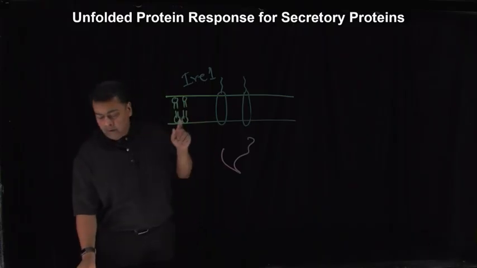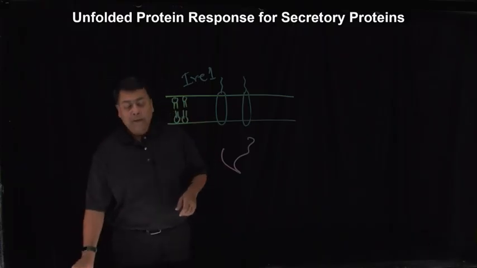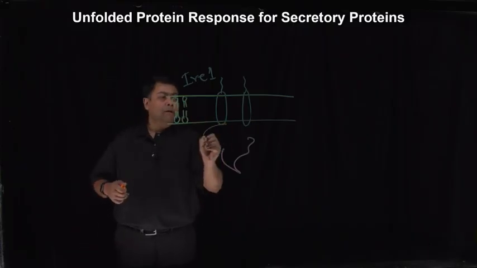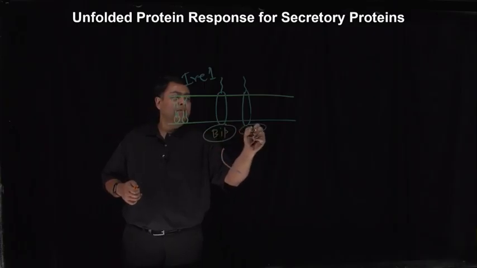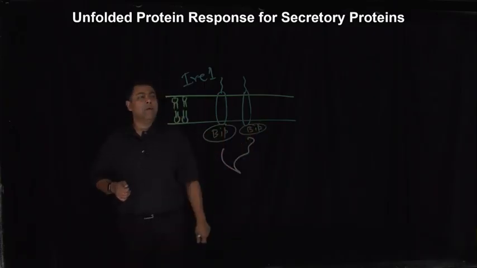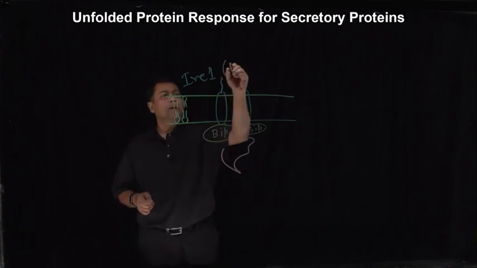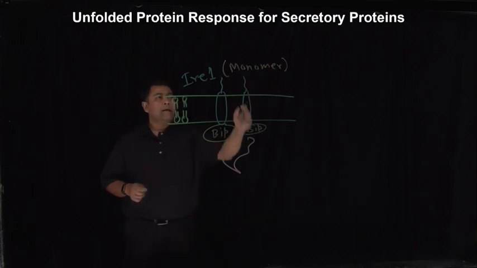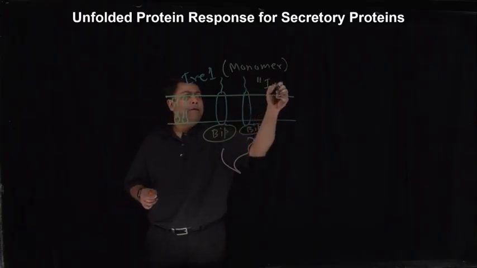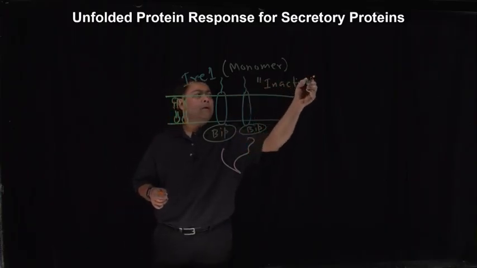And why are they in the monomeric form? Because there is a protein called BiP, binding protein. It is associated with these IRE1 monomers. So this is IRE1, in monomeric form. They are single, and of course, they are inactive. They are not doing anything here.